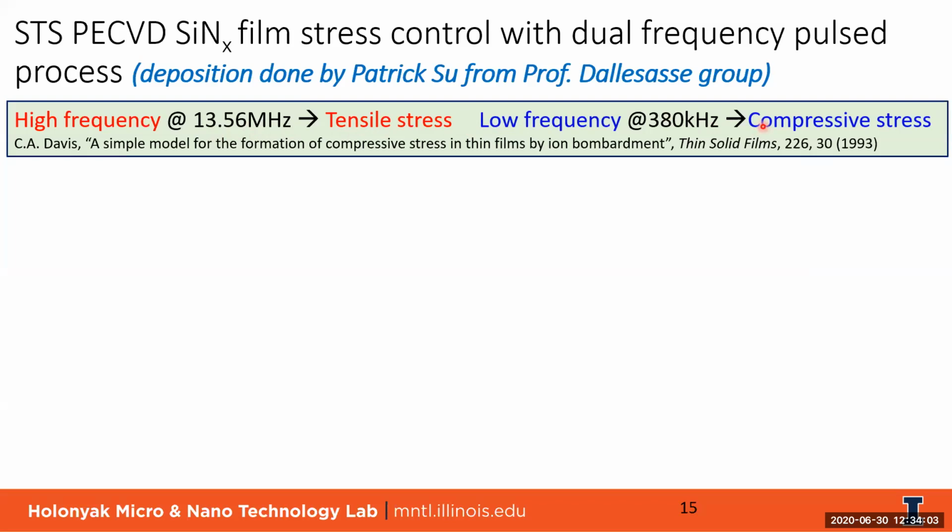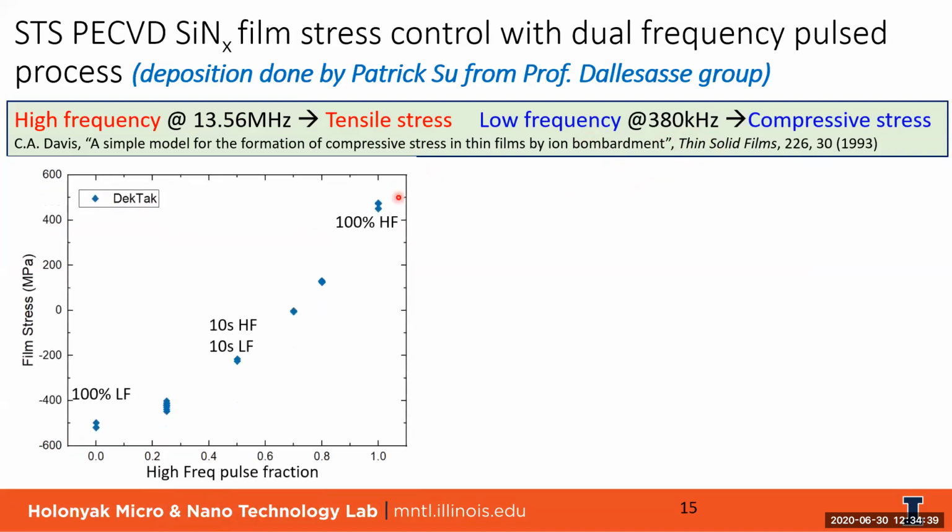In his talk, I asked him why that is, and he explained that at low frequency there will be significantly more ion bombardment, and because of the ion bombardment, during the deposition the atoms can squeeze into a smaller volume, and therefore the film will expand. For the details, you can read about it in this theoretical paper. But for now, I'm going to show Patrick's data.